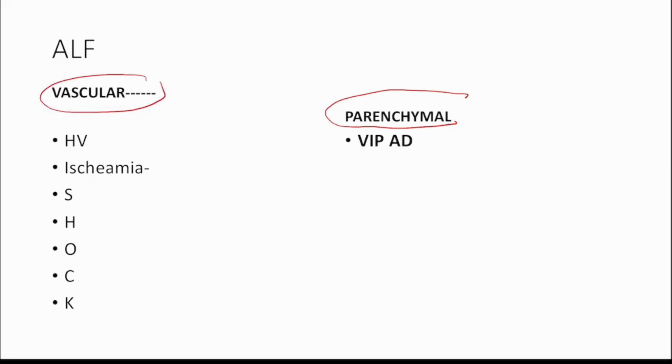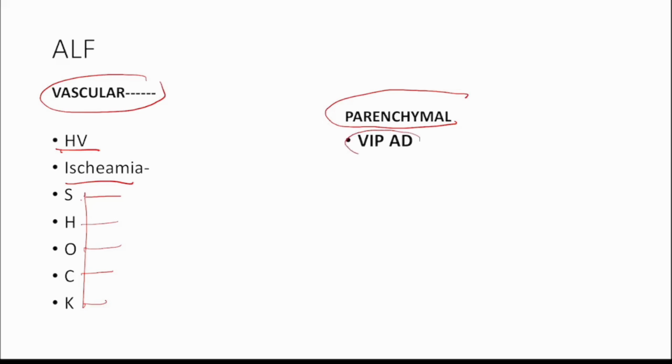Vascular, most important, is ischemia, and second comes hepatic vein occlusion due to polycythemia, malignancy, and other thrombophilic states. The mnemonic for ischemia is shock, sepsis, hypertension, obstruction, cardiac causes, and a combination.